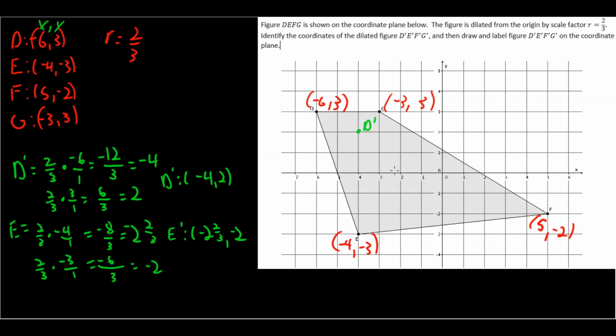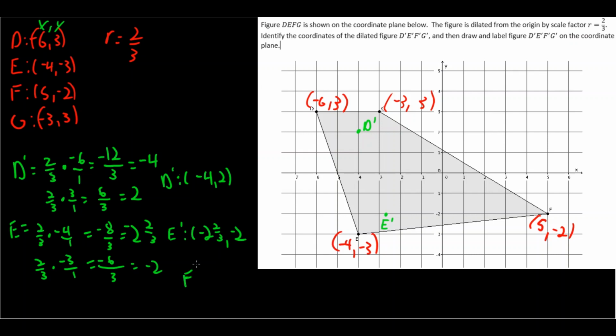So -2 2/3, we just have to guess. It's right about in the middle, a little bit over halfway, and -2. Yeah, I would guess it's probably right about there. And that is our E prime.